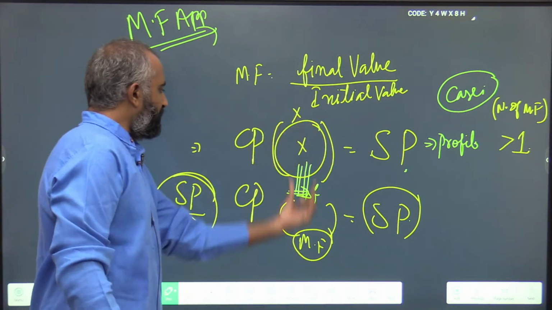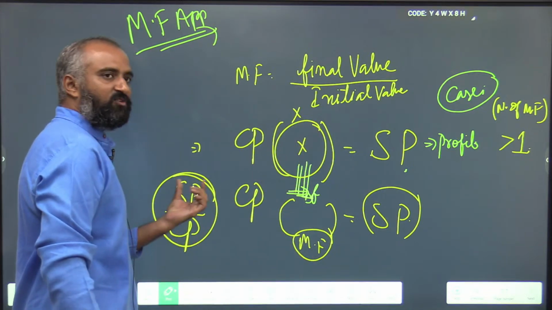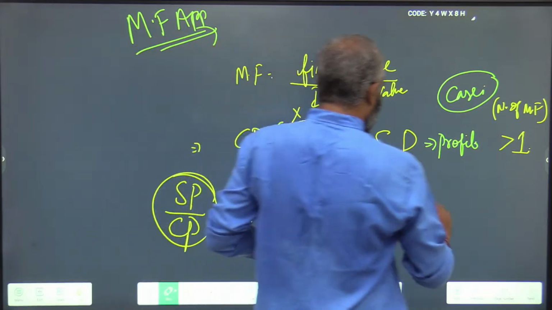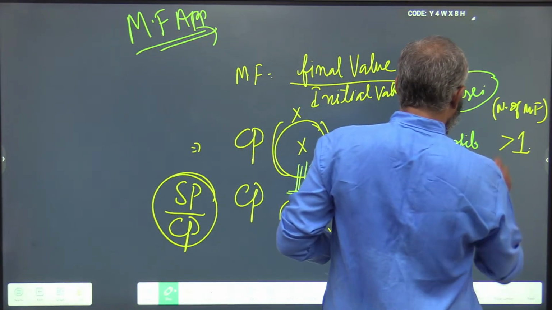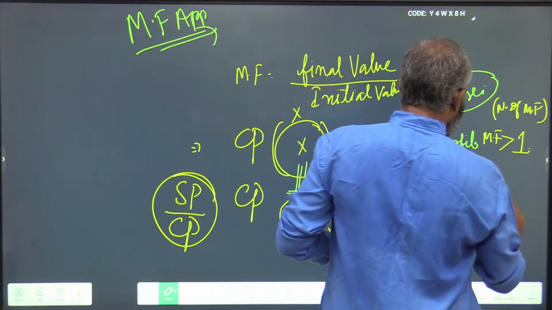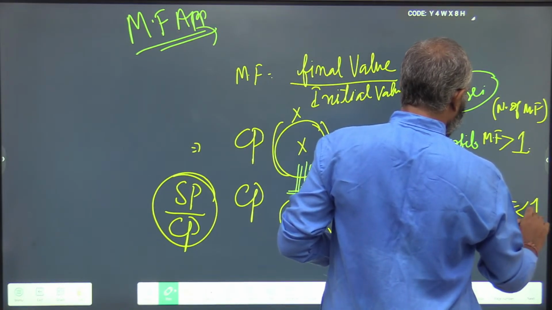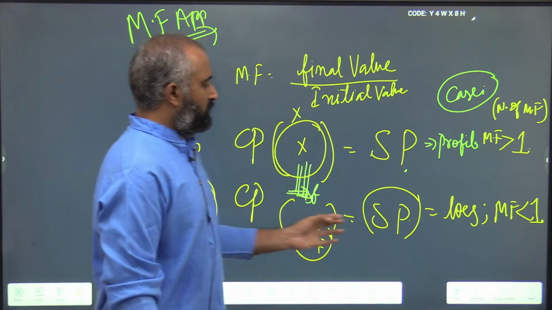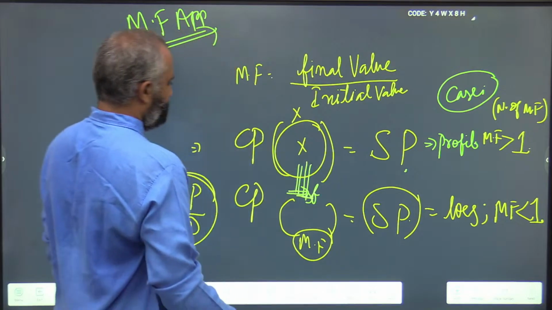So this multiplication factor has to be of this form. For a loss, the multiplication factor should be less than 1.